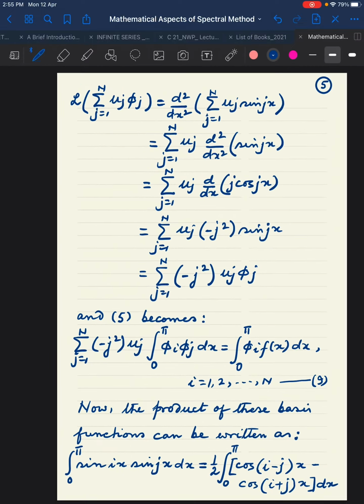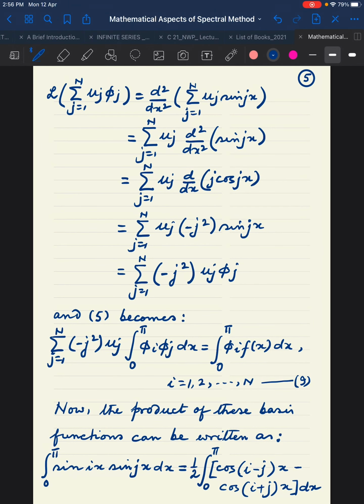Summation j equals 1 to n, uj, if you differentiate sin jx once, it will be j cos jx. Now you again operate d/dx on that, and finally we get summation j equals 1 to n uj minus j square. Don't confuse, it is not minus j whole square, it is minus j square. Minus j square into sin jx.